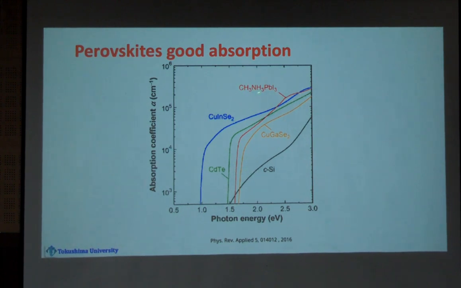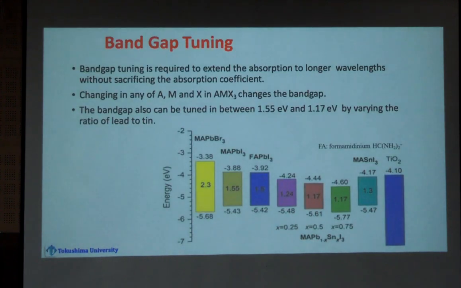It has good absorption, and this perovskite material can have good band gap tuning. Various kinds of perovskite material can be used, and you can see their band gap. Why? Because if the band gap is less, electrons can move fast. The process will be faster, and the efficiency might increase.